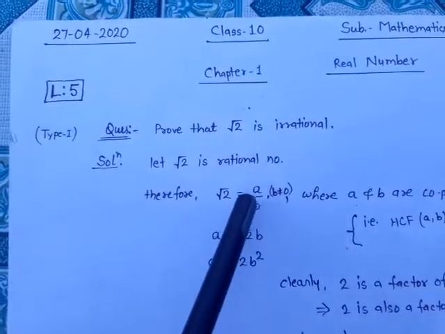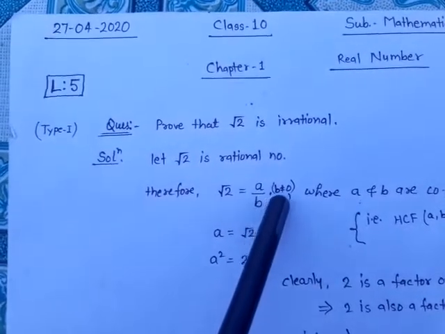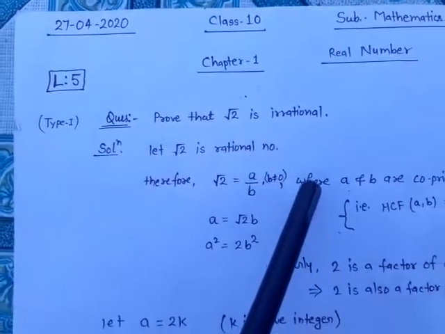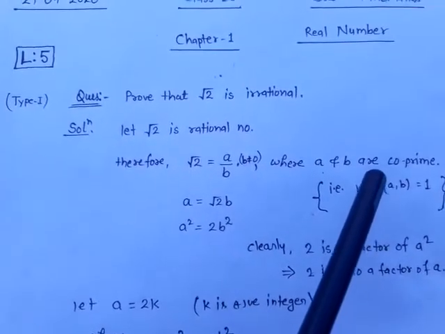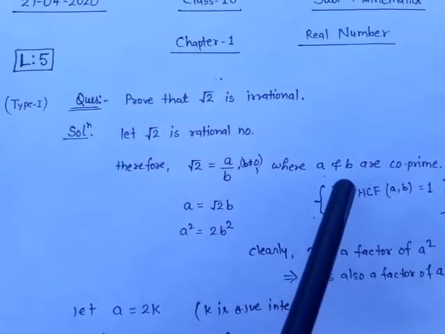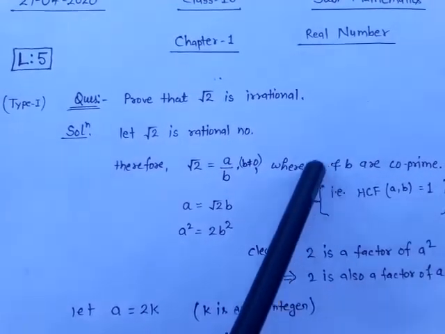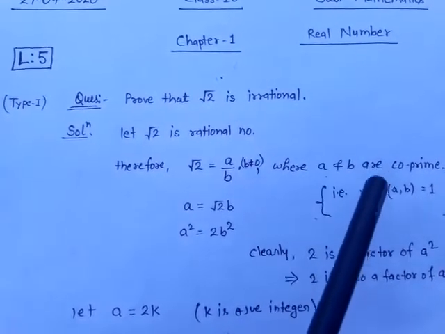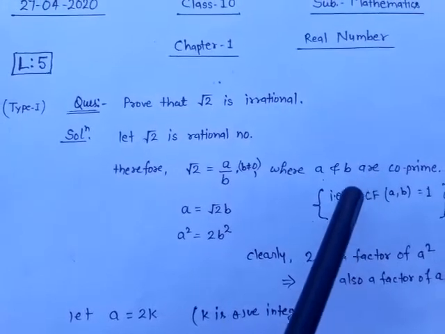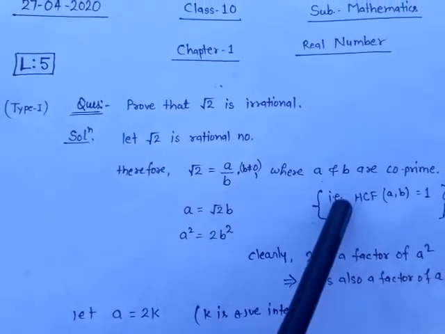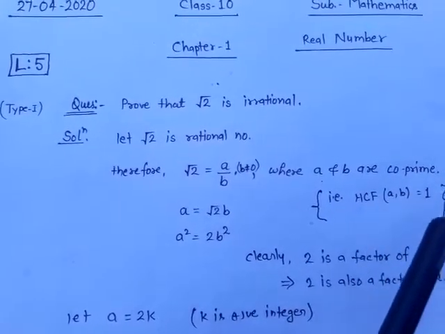Therefore root 2 is equal to a by b, where b is not equal to 0, and a and b are co-prime. What is co-prime? That is, HCF of a and b is equal to 1. That means the common factor of a and b is only 1, not any other.